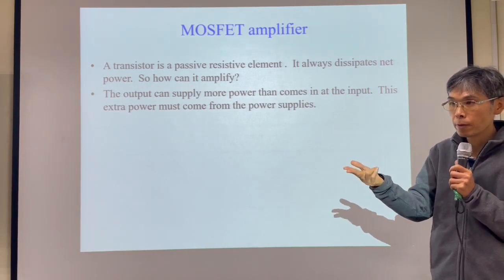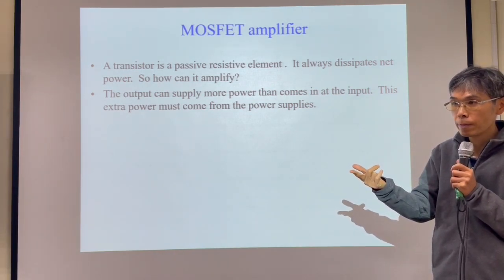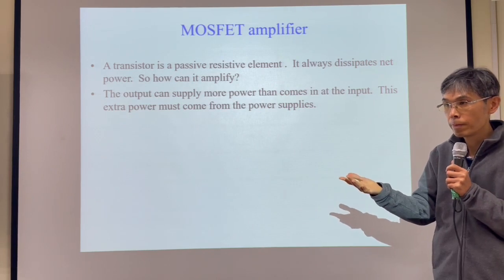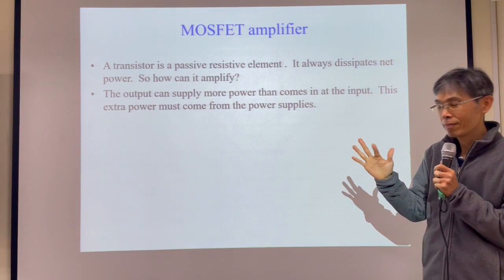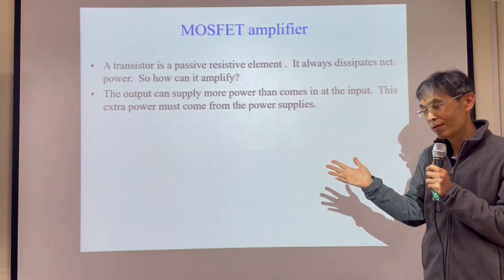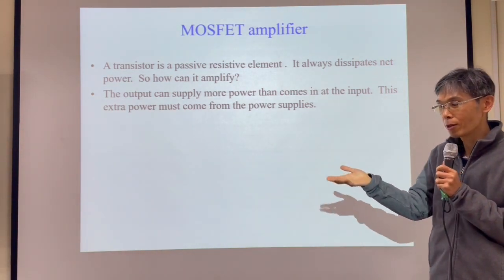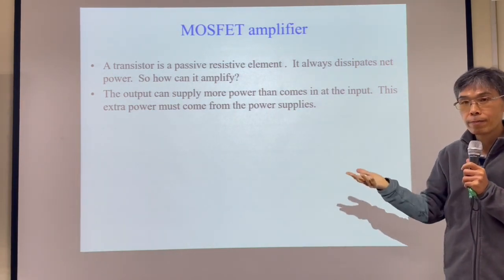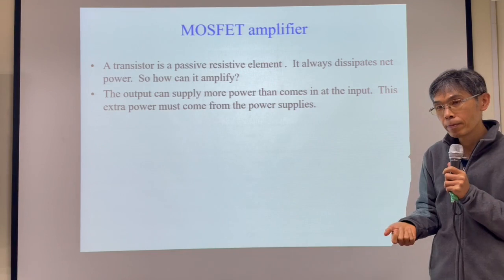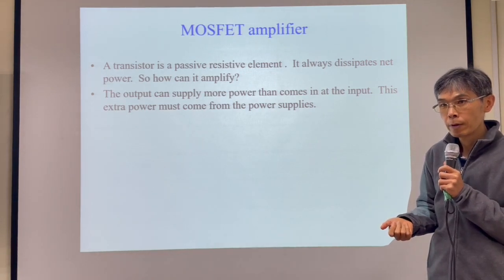Hugh. It should have lower resistance. You lower the resistance, still it dissipates power. How can it be an amplifier? With saturation region.